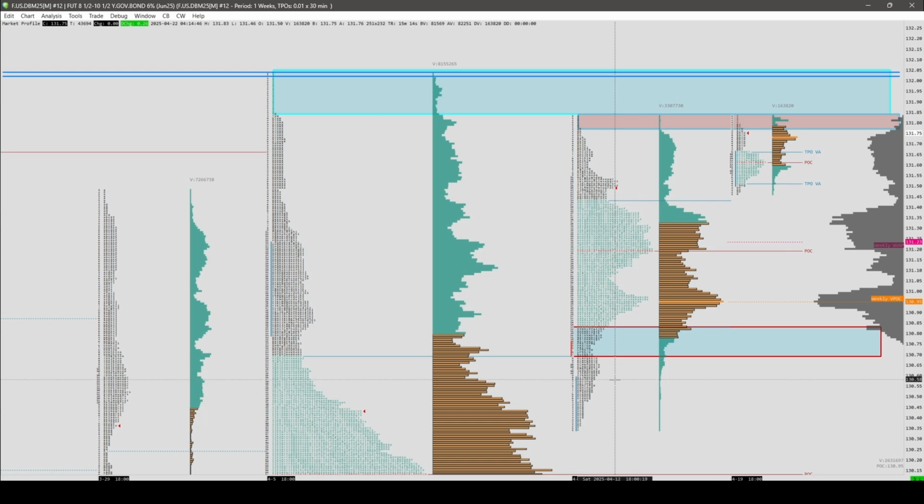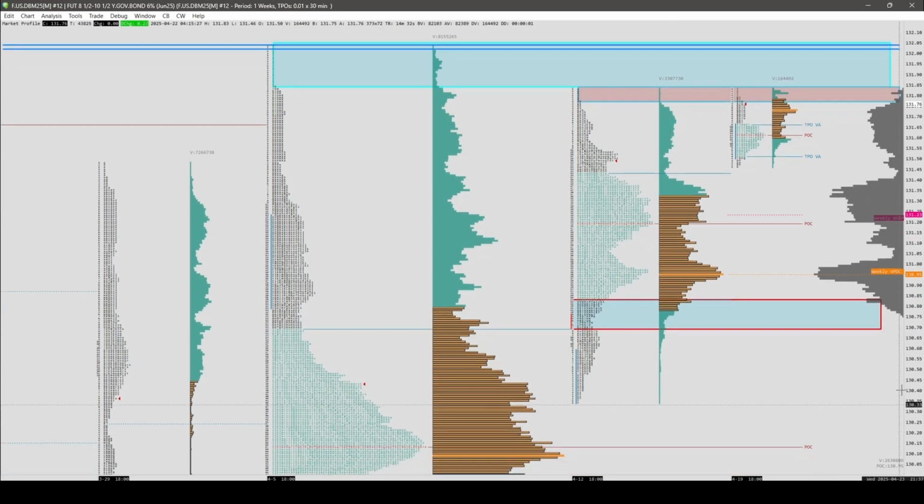So why is this box so important for me? It's because the value area high of this week and the value area low of the previous week is mostly a zone where the market is deciding if it wants to go up again or is going to break that zone and find value a bit lower.